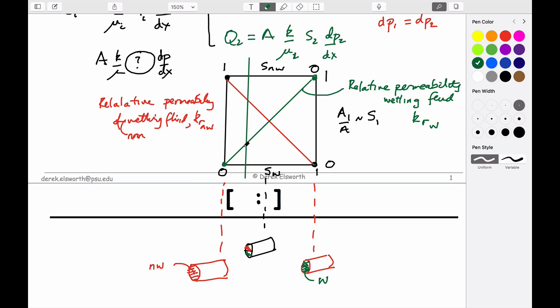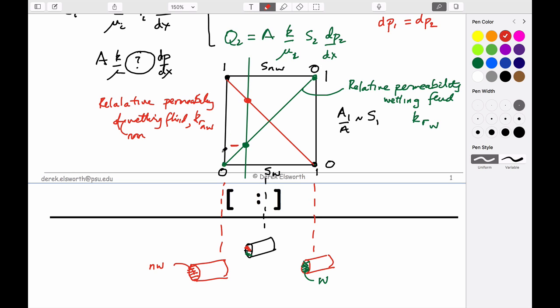And so really all we worry about is the fact that there's a relative permeability of the, in this case, the wetting fluid, and a relative permeability of the non-wetting fluid. And so if you think about these, how am I going to draw that?